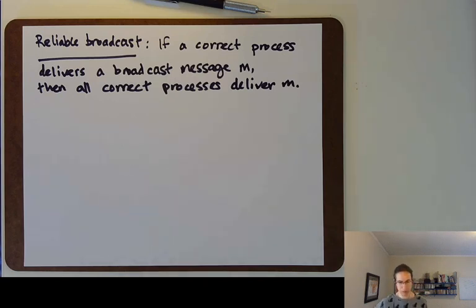So I mentioned that we had these two different possible definitions of reliable delivery, right? One of them said that if process 1 sends a message to process 2, then if neither process 1 nor process 2 crashes, then process 2 eventually delivers the message. And then we also said, okay, the same thing, but also with this additional caveat that not all messages are lost.